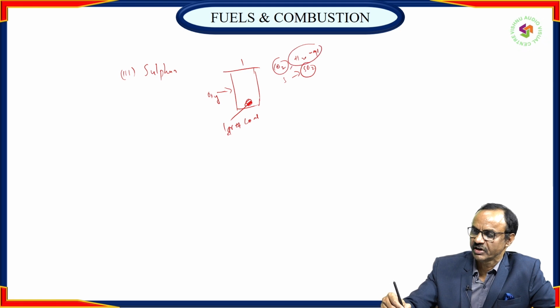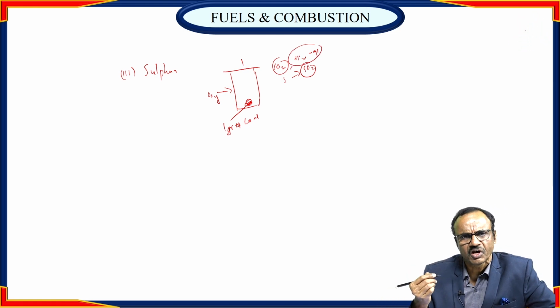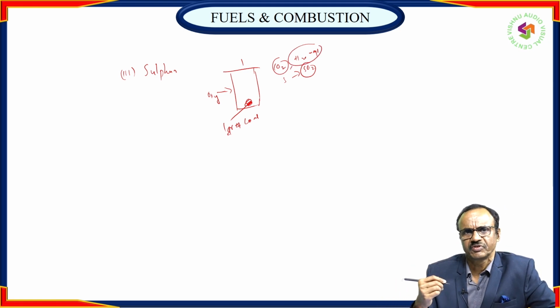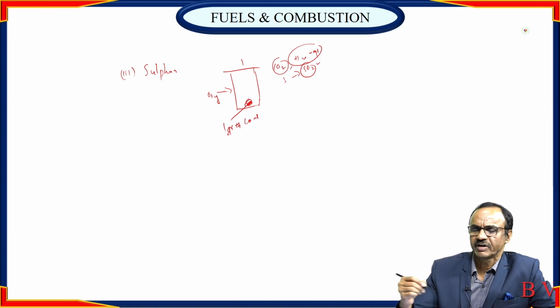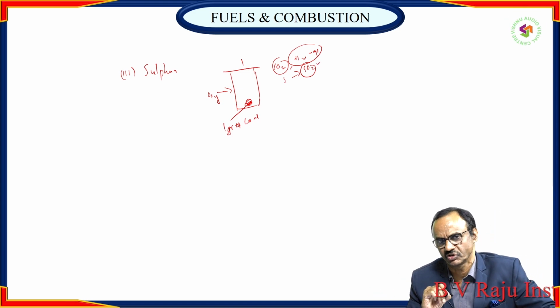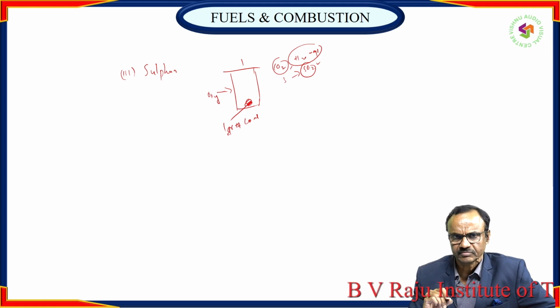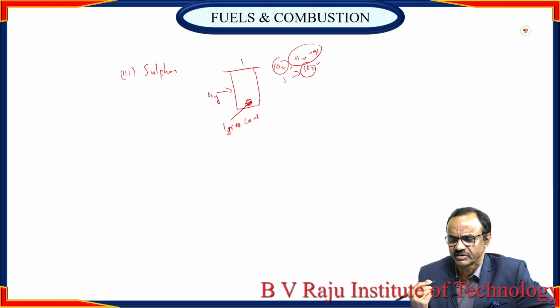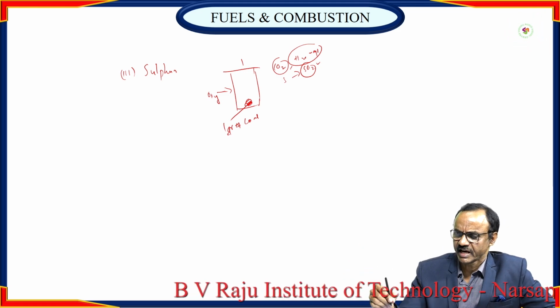Solid fuels have up to 1% impurities like sulfur. Sulfur is also combustible; after combustion it combines with oxygen and is converted into sulfur dioxide, and it also contributes heat energy, but it is highly poisonous.